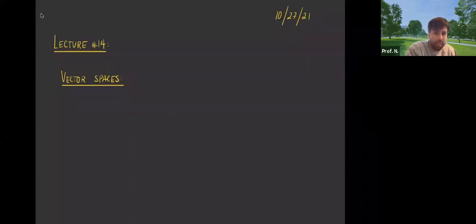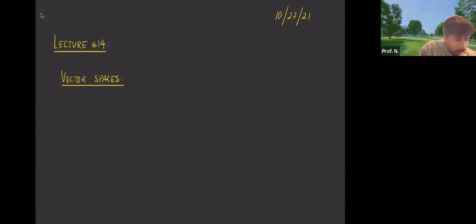So it's a lot about vectors. And now we're going to extend that idea of vectors and talk about what are called vector spaces. So up to this point, we've been talking about vector spaces, but we haven't been very explicit. Okay. So what is a vector space?